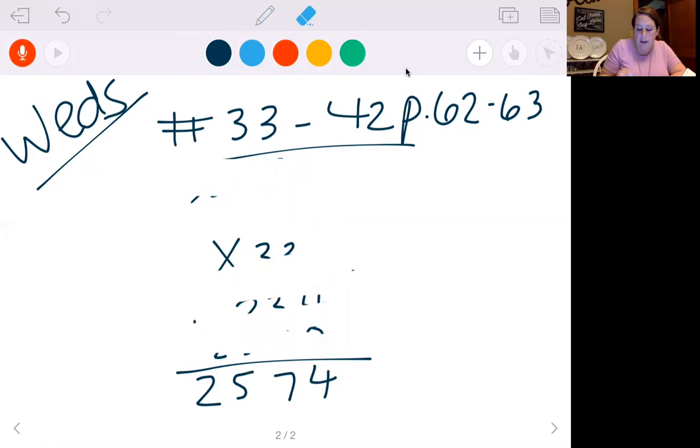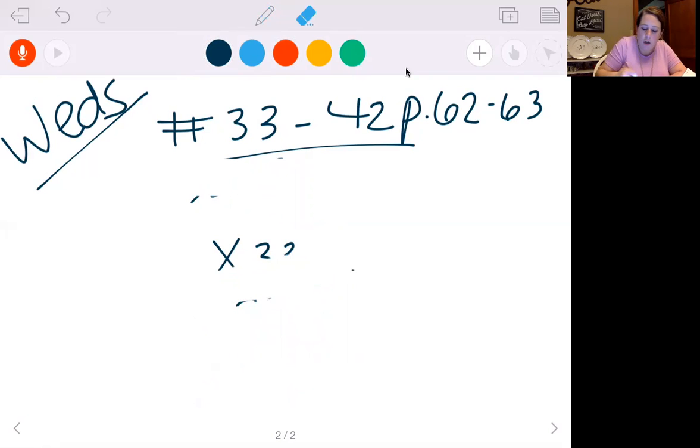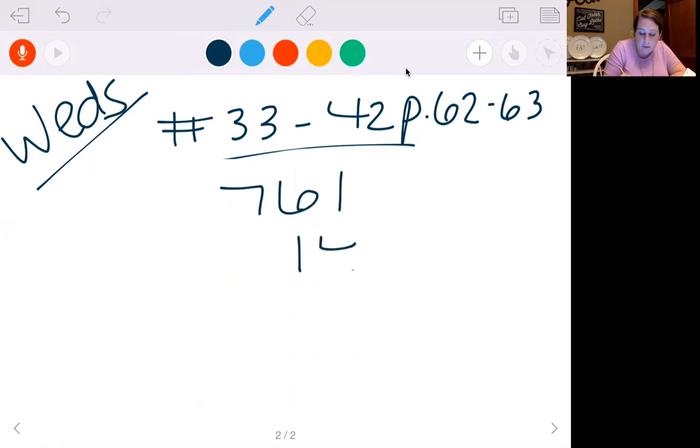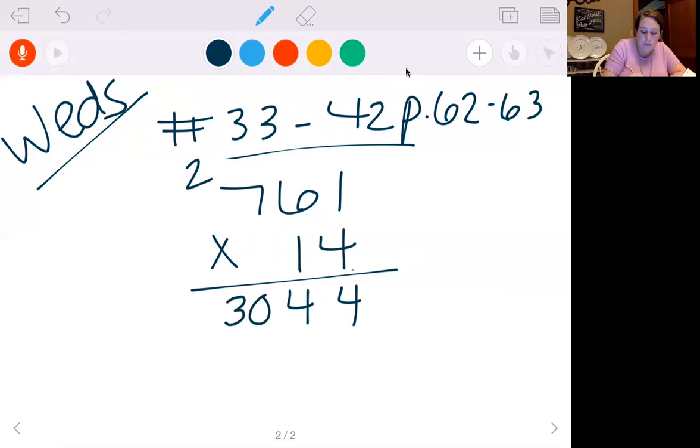So let's look at another one, maybe a little bit harder. Let's do 761 times 14. 4 times 1 is 4. 4 times 6 is 24. Put the 4, carry the 2. 7 times 4 is 28, plus 2 is 30.